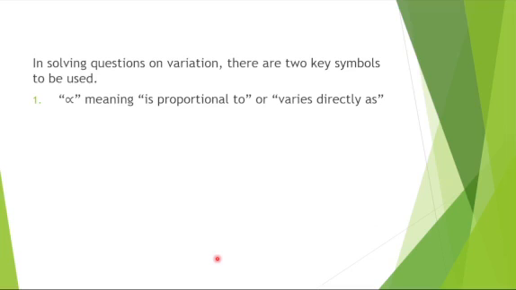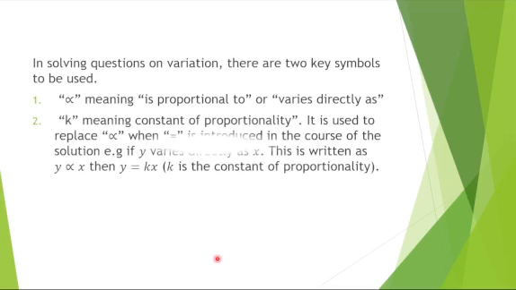And number two, the symbol to be used is letter K, meaning constant of proportionality or constant of variation. The letter K is used to replace the proportional sign when equal to is introduced in the course of the solution.